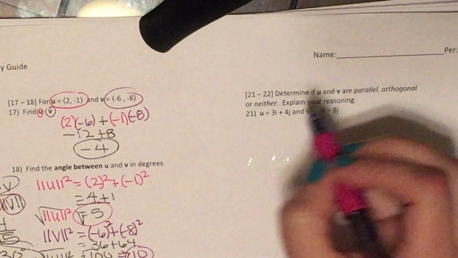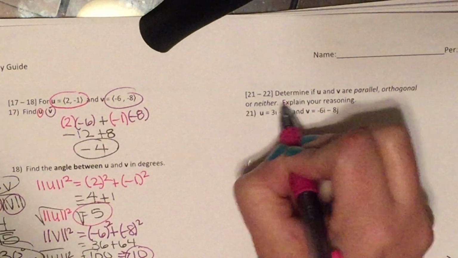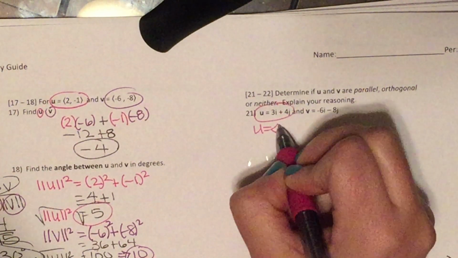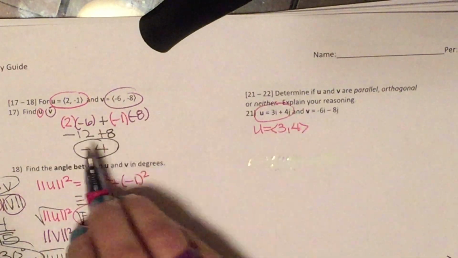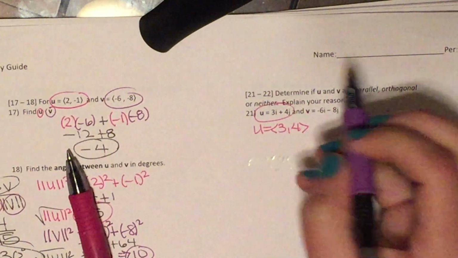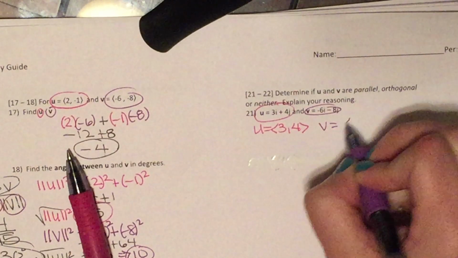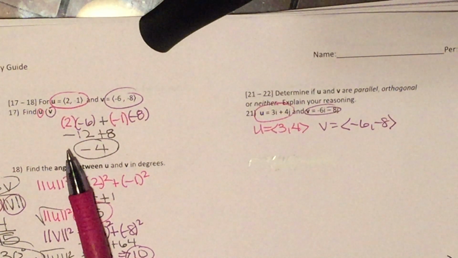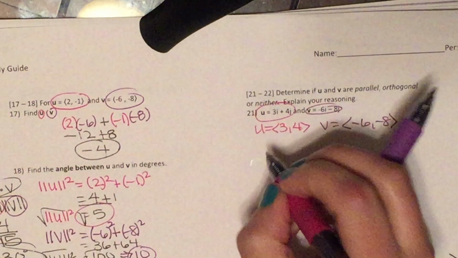Okay, so first thing we want to do for number 21 is find the component form of u. So that'd be 3 comma 4. And then the component form of v is negative 6 comma negative 8. Okay. Again, we're going to want to use that formula. So I want the dot product of u and v.